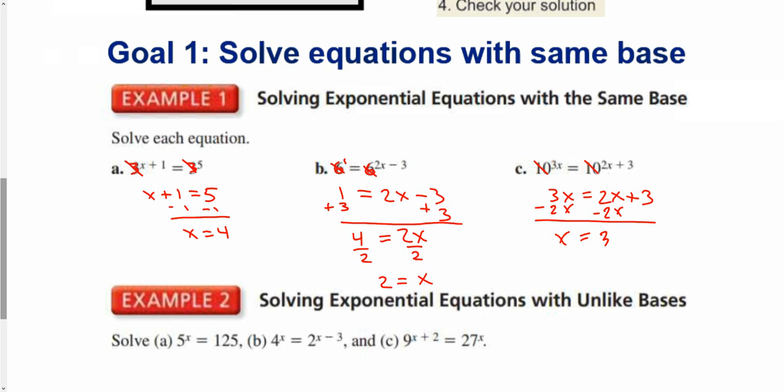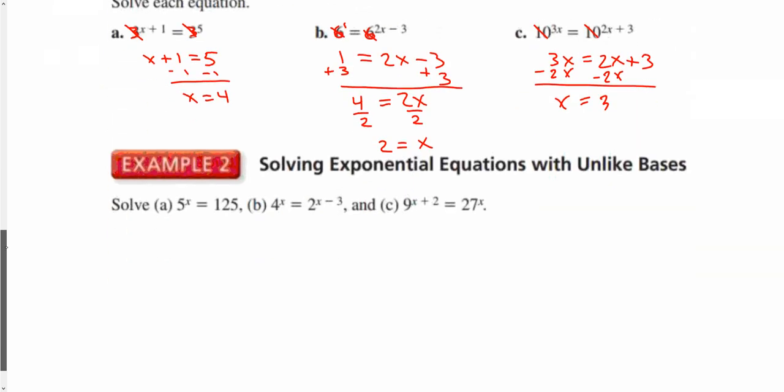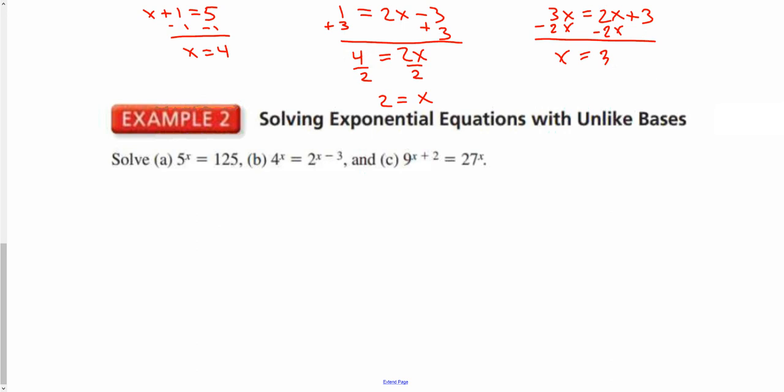The second scenario is that they don't match. So you can see in this problem right here, this has a 5, and this has a 125. So I'm going to give you the strategy. The strategy for these types of problems is to try to turn the bigger one into the smaller one. So watch this.